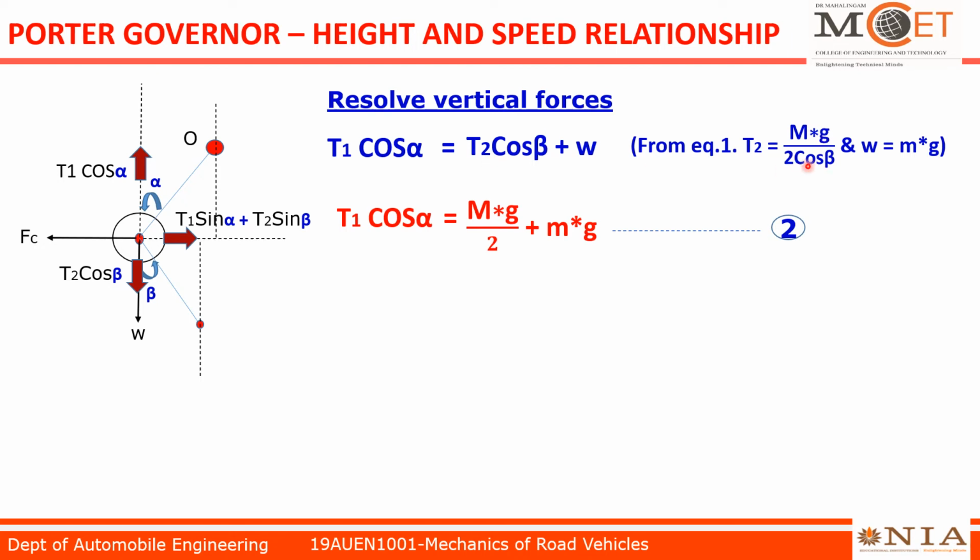Cos beta is cancelled, so we get Mg divided by 2, and weight of ball w equal to mg. We get the value of T1 cos alpha.